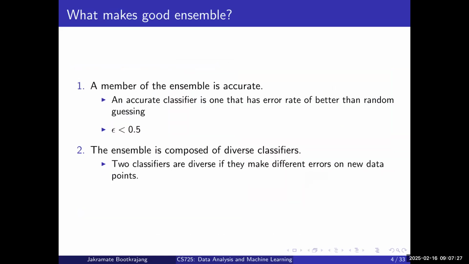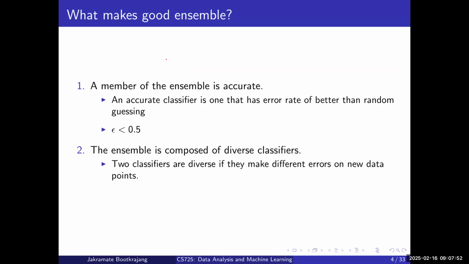So what makes a good ensemble? How to make good use of the many tools that you have, right? First of all, we want each member, basically one classifier inside, to be accurate. And by accurate here, it has to be greater than chance, right? So what do I mean by greater than chance?